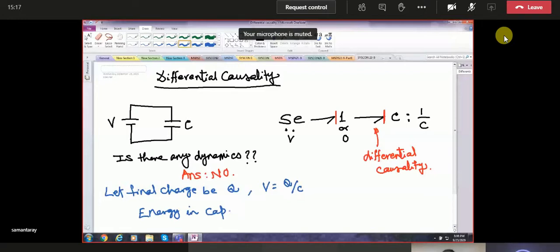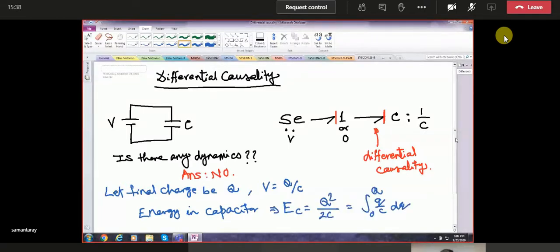CV squared by 2. Let's call it EC, Q squared by 2C. That is the integration of q by C dq from 0 to Q. So that's the energy stored in the capacitor.